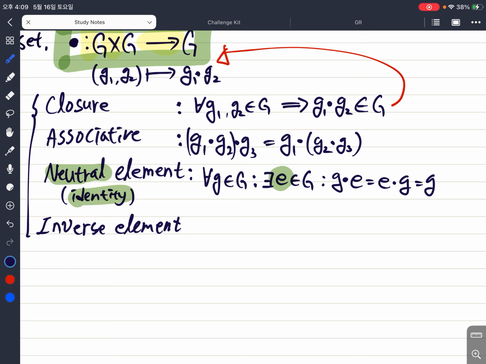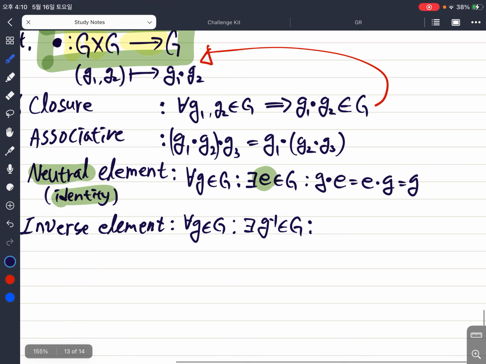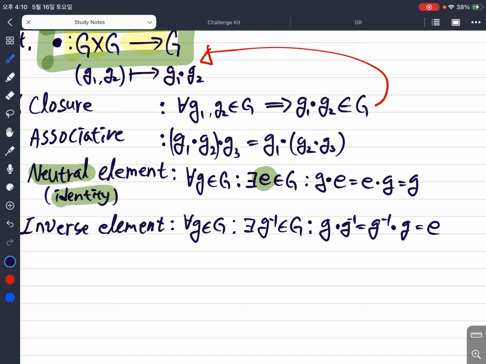And finally, the inverse element. For all G, of course there is an inverse element also. It should be in G, which satisfies G times G inverse, or G inverse times G, equals the identity element.